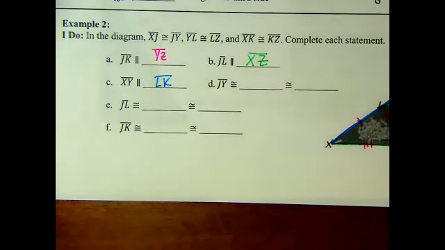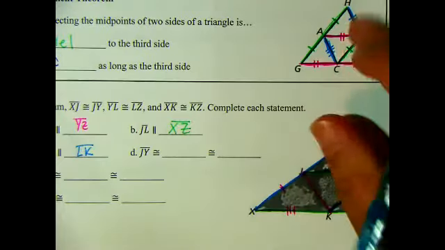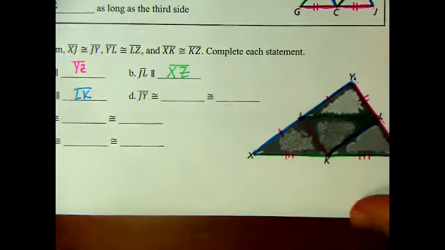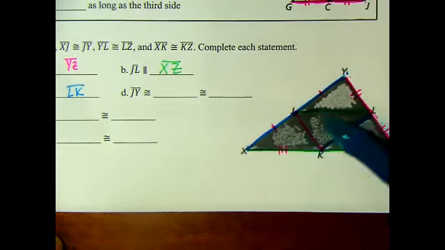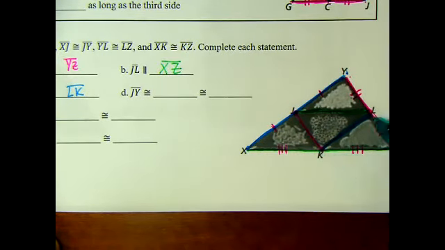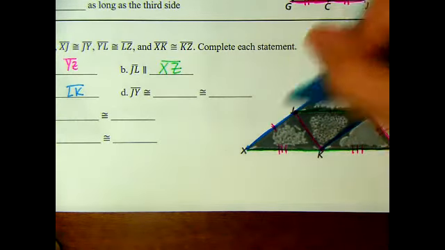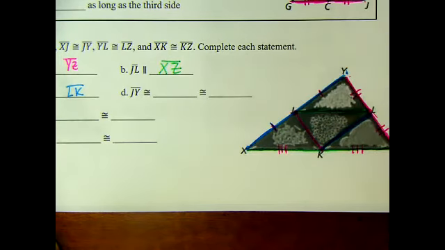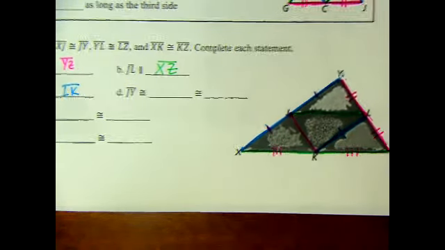Now, since we know they're parallel and which mid-segment goes with which side of the triangle, it means that we also have a bunch of congruences here. Let's start with our very last one. If LK is the mid-segment and its third side is XY, that means that XJ, JY, and LK are all congruent to each other.